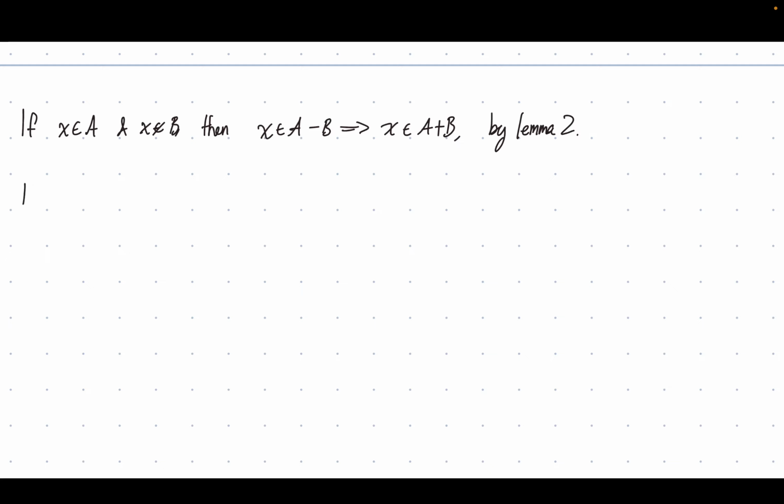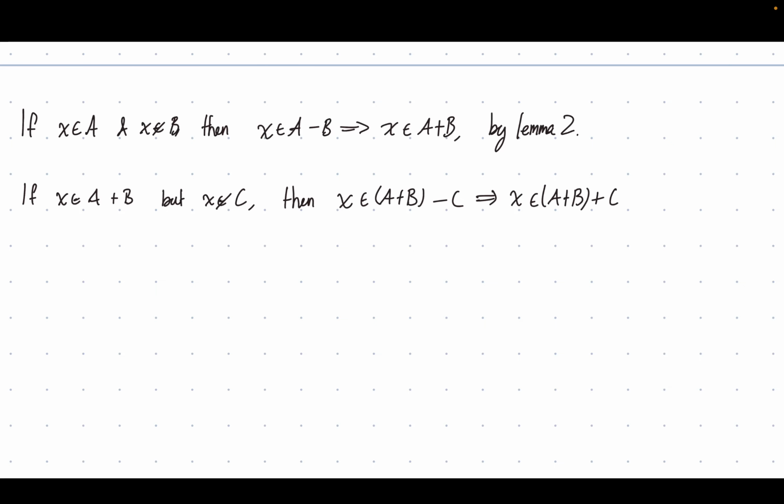And then if x isn't A plus B, but x is not in C, then x isn't A plus B minus C, which implies, of course, that x is in A plus B plus C by lemma 2 again.